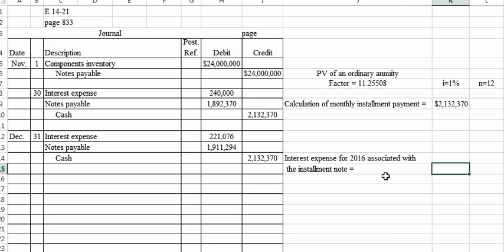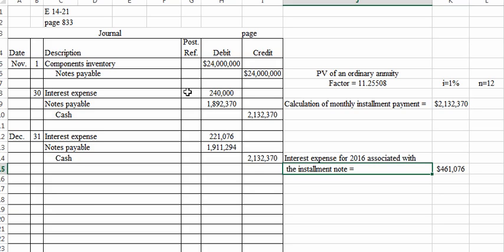Alright, our interest expense for 2016 associated with the installment note. Well, that's easy now, you guys. We just take our interest expense from November plus our interest expense from December. And we get, let's get it formatted here, $461,076. That's interest expense for 2016 associated with the installment note that we're working with here.